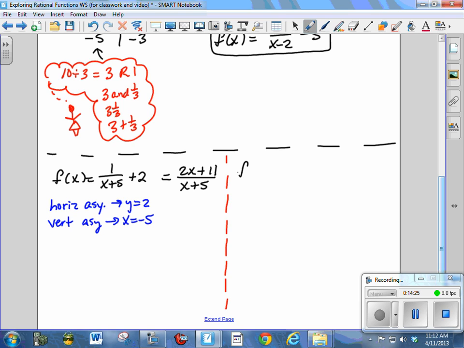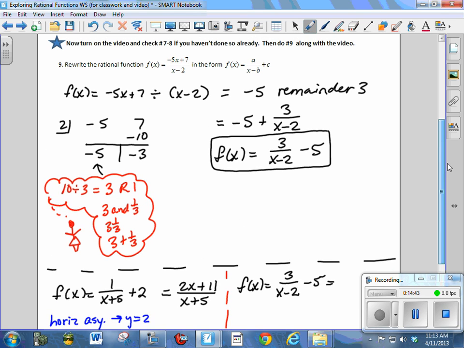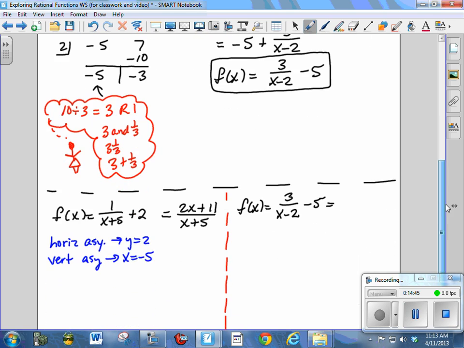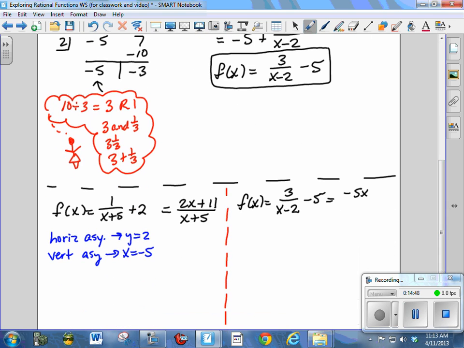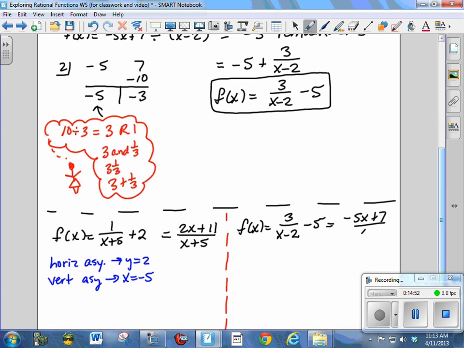The second one, we have f of x is equal to 3 over x minus 2 minus 5, and that's also equivalent to negative 5x plus 7 over x minus 2.